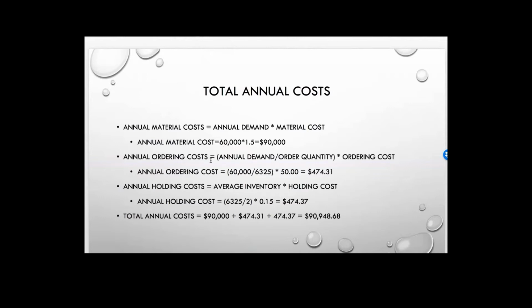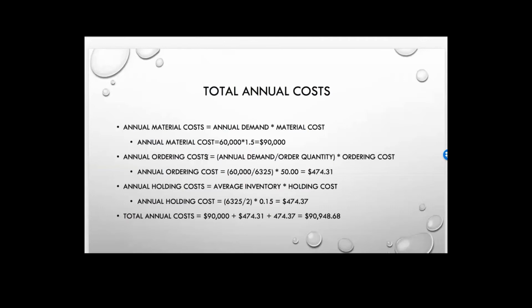Our annual ordering cost is basically we take our demand and divide it by the order quantity. That tells us how many times we place an order. In this example, we have 60,000 that we order per year divided by our EOQ. We're going to assume a constant set order amount throughout the year.